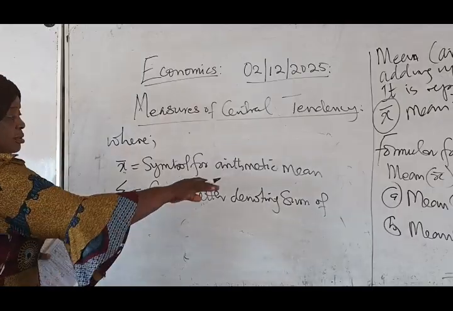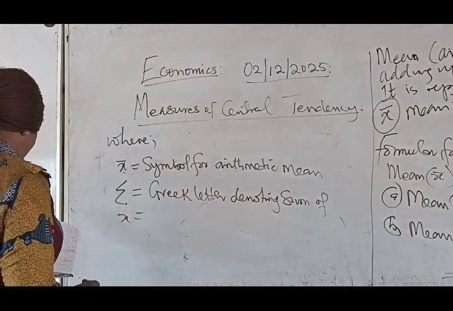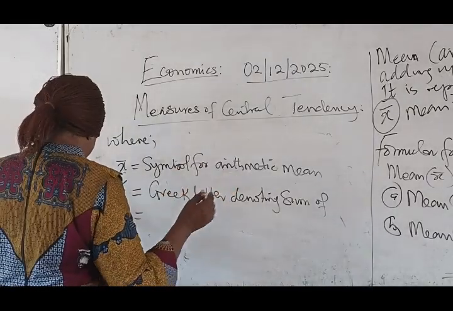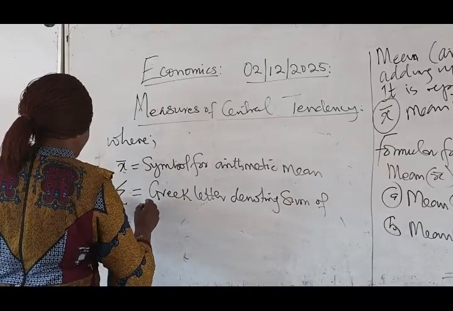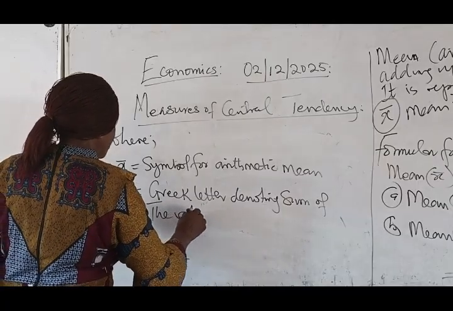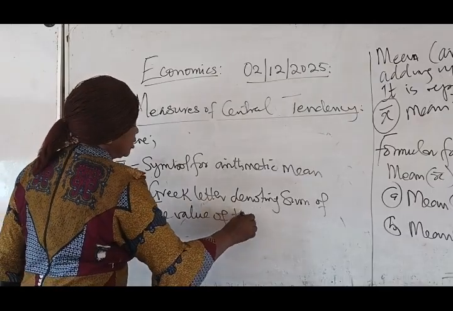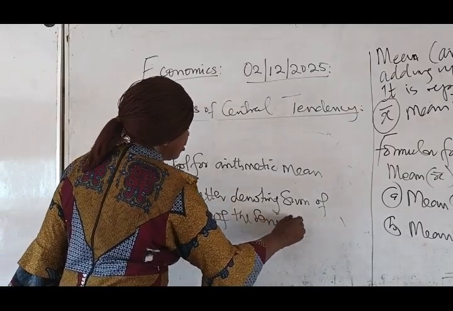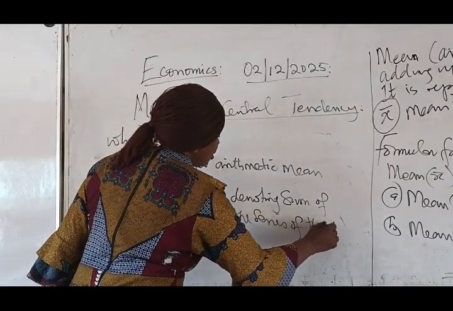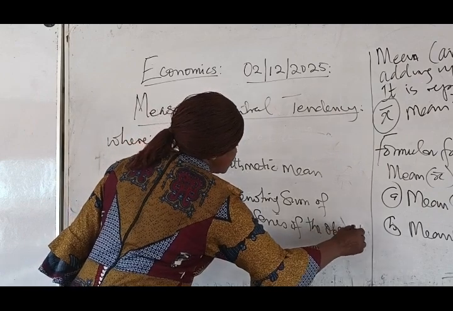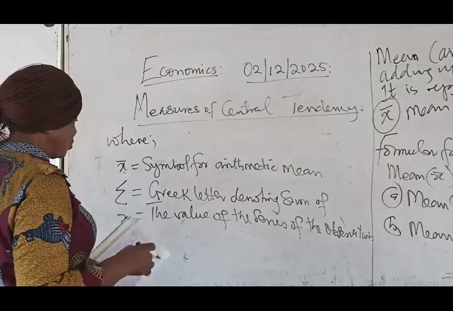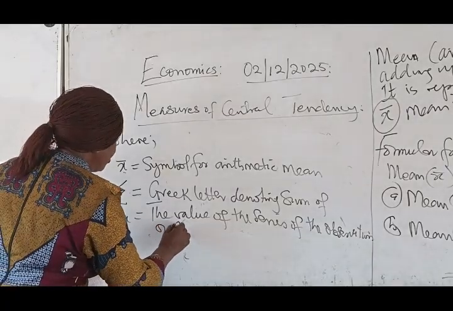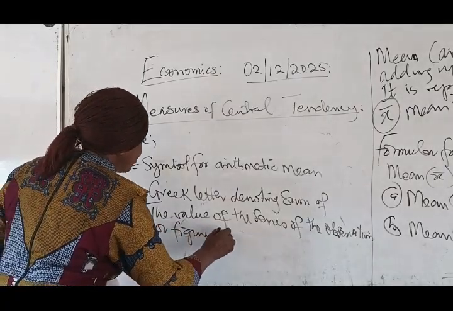I'm trying to explain what is in the formula. We have the x that stands for the value of the series of observations. That is the figures given to you.